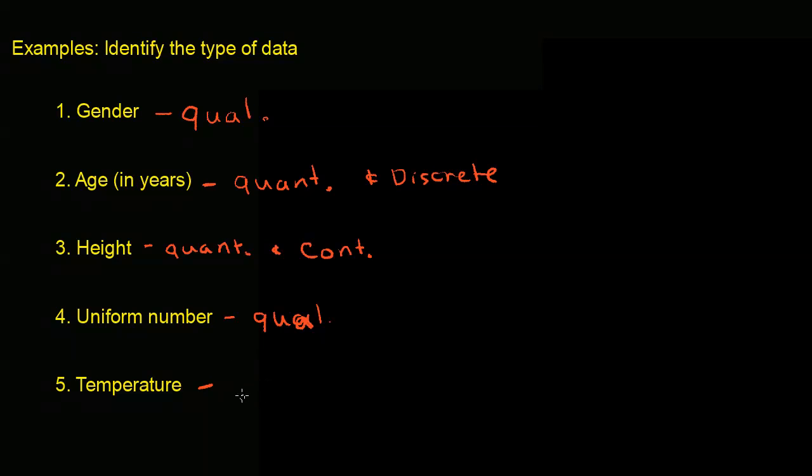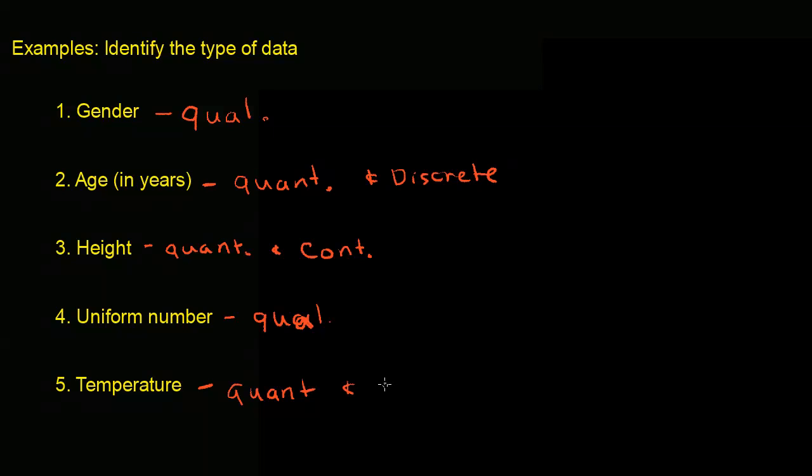Lastly, temperature. Temperature is numeric, so that makes you say quantitative. Can it be ranked? Yes, because 30 degrees is definitely colder than 60 degrees. So it is quantitative. Now, from quantitative, is it discrete or continuous?